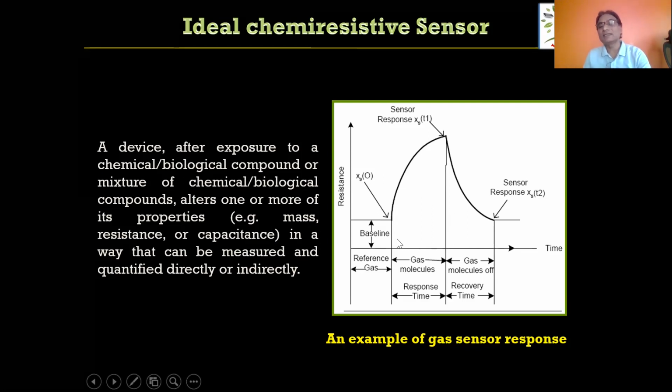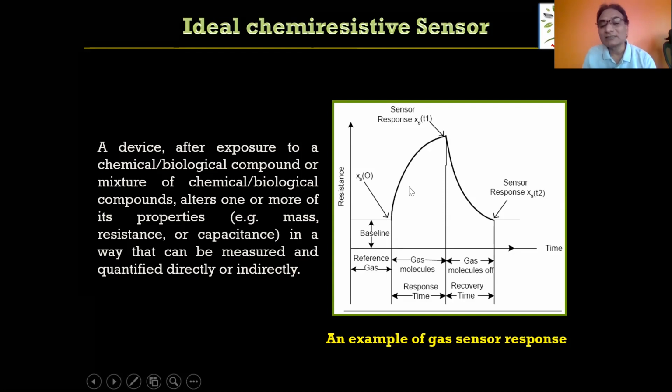In an ideal sensing curve, the first requirement is that whenever you expose your material to dry air, you need to have a stable baseline. Then the response time should be as minimum as possible, and similarly the recovery time should be as minimum as possible.